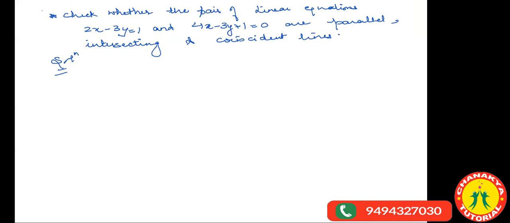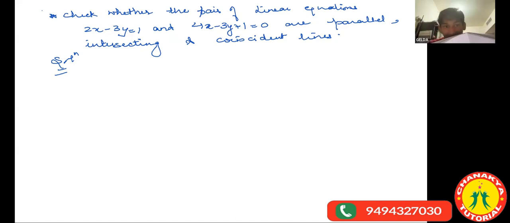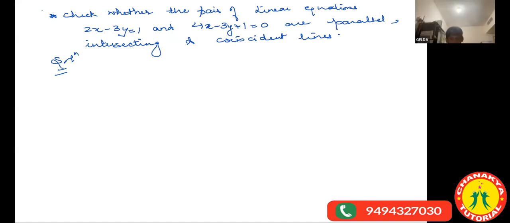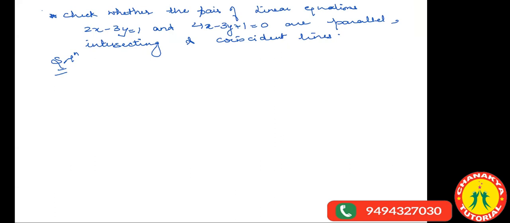You have not mentioned it at the last, beta? Ma'am, they're intersecting. I just didn't write that. Okay, Abhinav. Aman, you have not mentioned it at the last, beta? Ma'am, they're intersecting lines. Yes, just mention it. Meher, have you done? Ma'am, one minute.